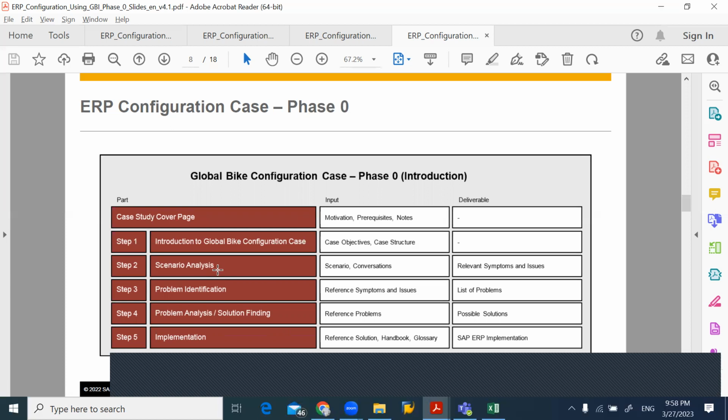We'll try to identify the problems, then find the possible solution, and then implement the system to overcome those problems. We will implement the solution at step 5 so that we can overcome all the problems which we are facing.